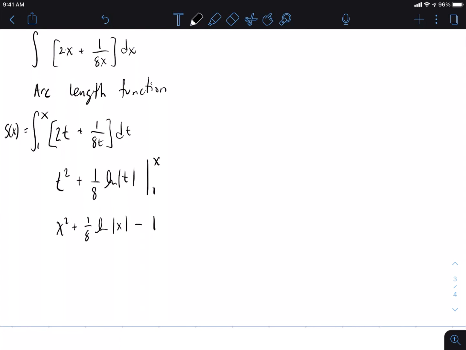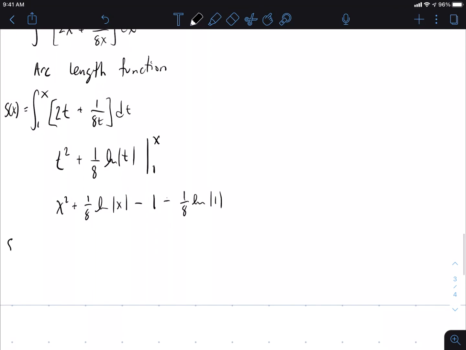Oh, and I can put the other one, which will be minus 1/8 ln of 1, but we know that the ln of 1 is what? 0. So then our s of x function is going to be x squared plus 1/8 ln of absolute value of x minus 1.